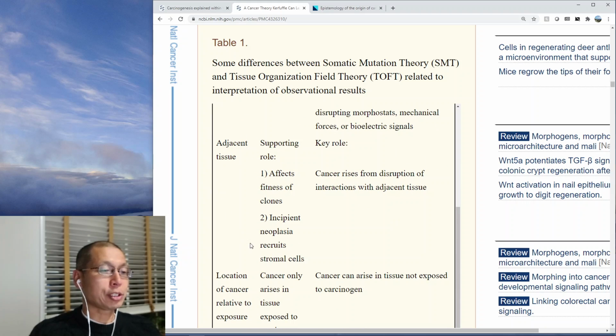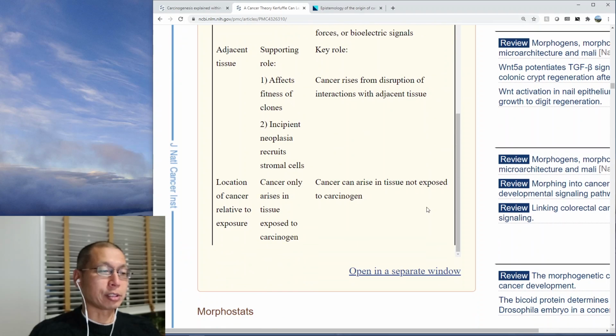As for adjacent tissue or the tumor microenvironment, somatic mutation theory says that it affects the fitness of the clone. So the adjacent tissue supports the cancer, and the cancer recruits these supporting cells, these stromal cells. The TOFT theory says that cancer arises from disruption of interaction with adjacent tissues.